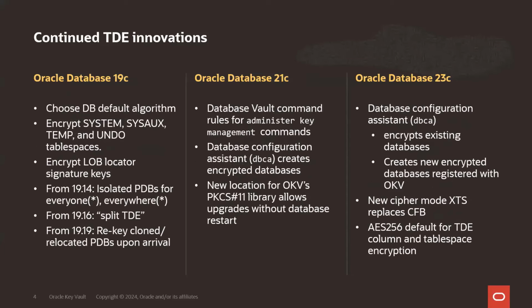So a little bit more recent database releases, in Oracle Database 19c, we finally can encrypt SYSTEM, SYSAUX, TEMP, and UNDO. Starting with 19.14, we made isolated PDBs available for everyone, everywhere. Everyone means with an Enterprise Edition license. Everywhere means, unfortunately, not in OCI.